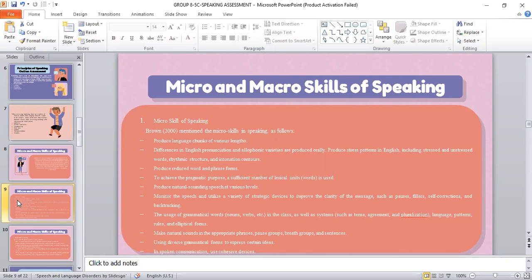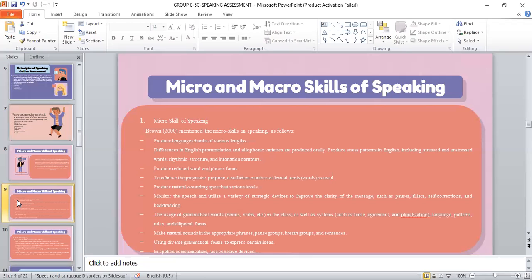It also produces stress patterns in English, including stressed and unstressed words, rhythmic structure, and intonation contours. Third is to produce reduced forms of words and phrases. The fourth is to use an adequate number of lexical units or words to achieve pragmatic purposes.